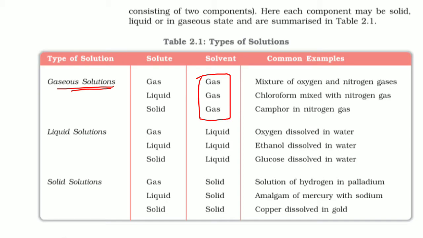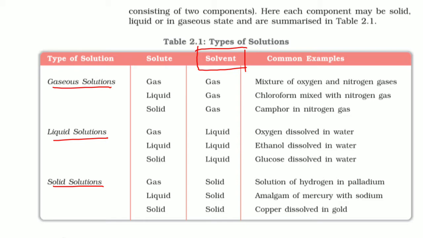If the solvent is in liquid form, then the solution will be a liquid solution. And if the solvent is in solid state, then the solution will be a solid solution. So depending upon the nature of the solvent, the solutions are divided into three categories: gaseous solutions, liquid solutions, and solid solutions.